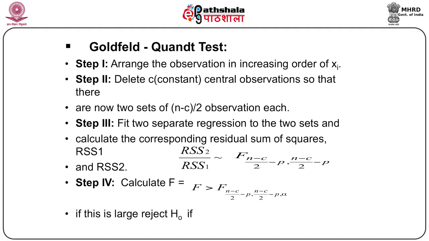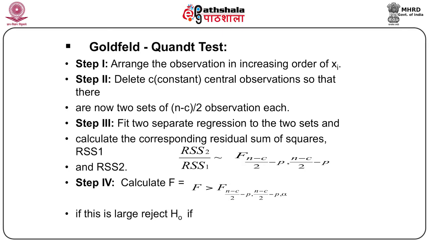Let me walk you through the steps involved in performing the Goldfeld-Quandt test. In the first step, we arrange the observations in increasing order of xi's, or in increasing order of the explanatory variable. In the second step, we delete C central observations so that there are now two sets of (n minus C) over 2 observations each.